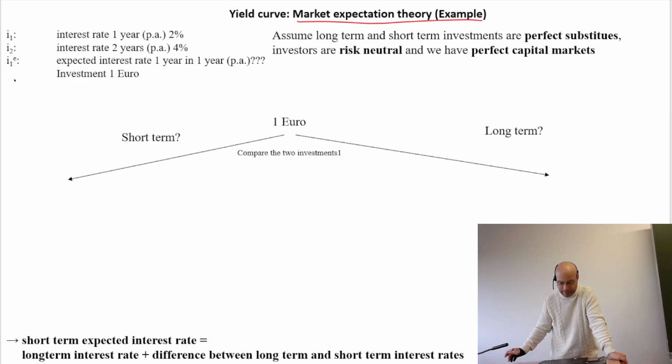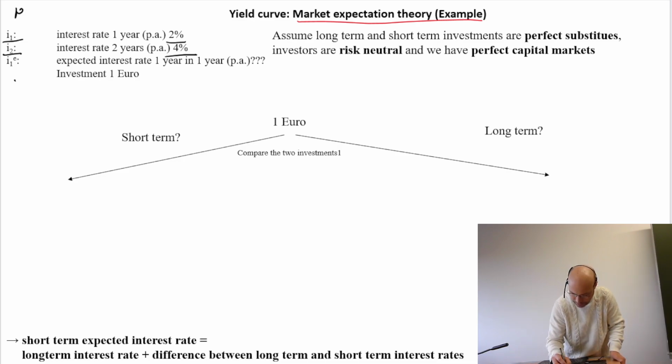But let's start. Of course, we should have a short-term interest rate, I1. This should be a bond with maturity 1 year with an interest rate of 2%. Then a bond with maturity 2 years and an interest rate of 4%. And what I missed is we also want to assume revolving investment.